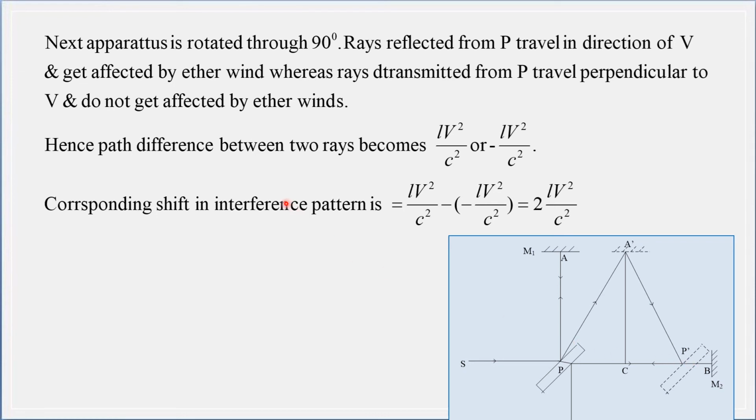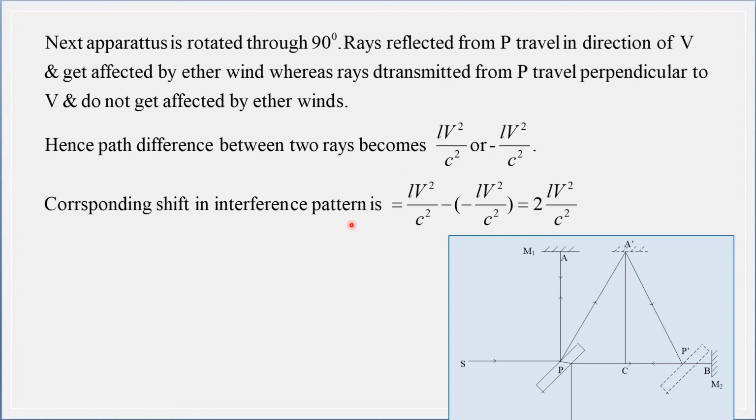Hence, we can now write directly that the path difference between the two rays becomes L V square by C square minus L V square by C square, one for the reflected, the other for the transmitted. This formula just gets reversed from the earlier position.